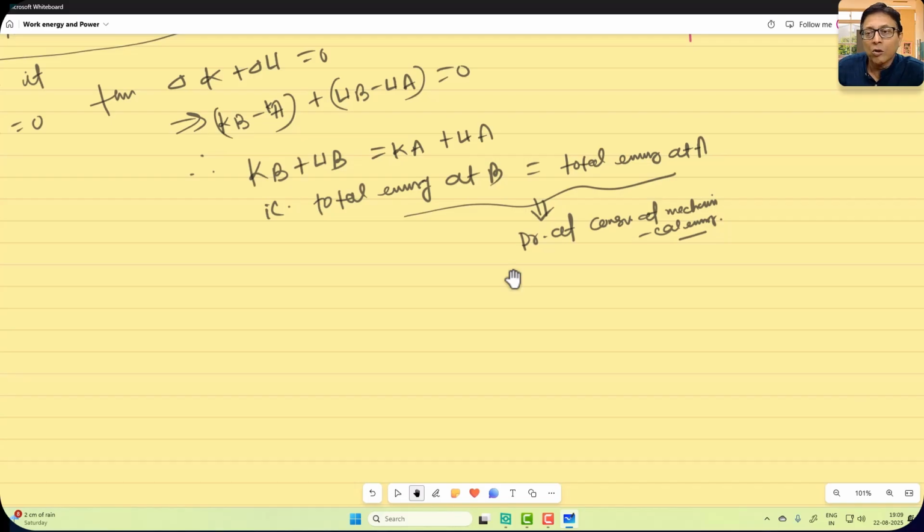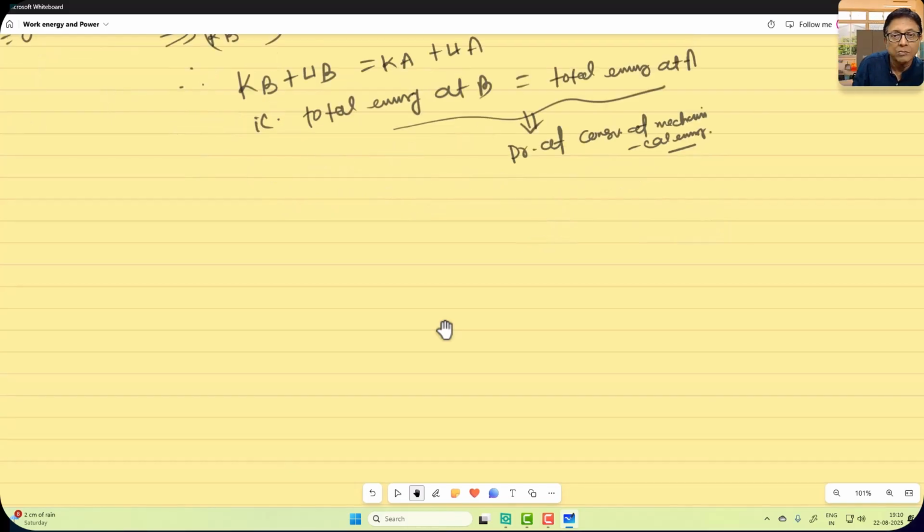Okay? So how will you solve a problem based on this? That I am going to discuss. This potential energy and kinetic energy will remain conserved between 2 points if only external force is absent. I will just give you one example.